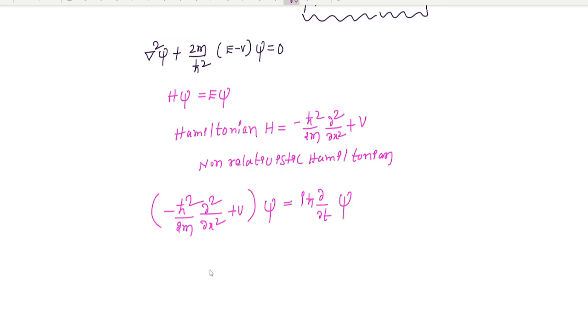So if you clearly observe here, the time coordinate is the first order coordinate. Time is the first order coordinate. If you observe the space coordinate, this one is second order, right?